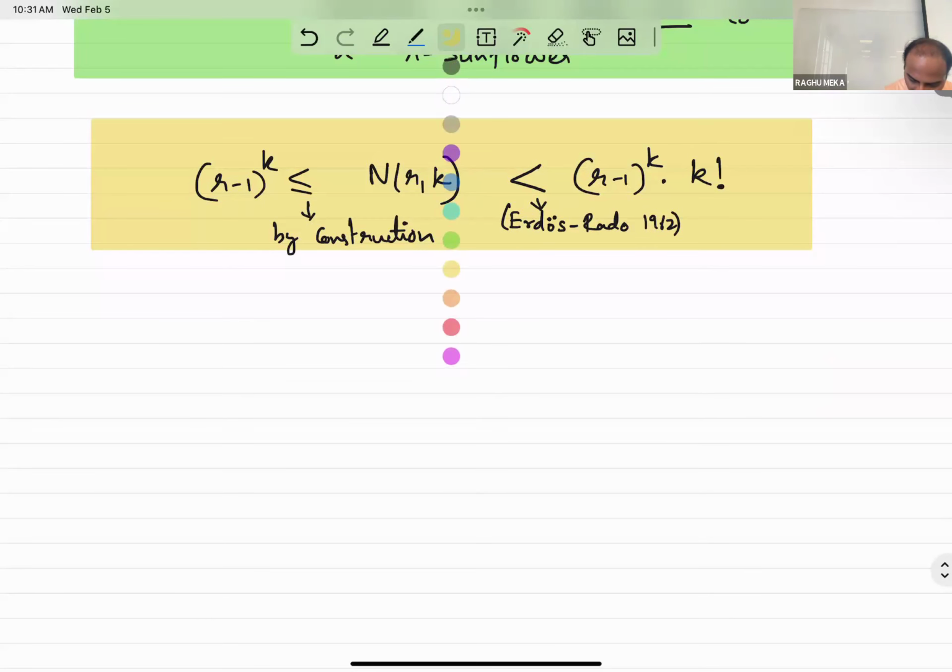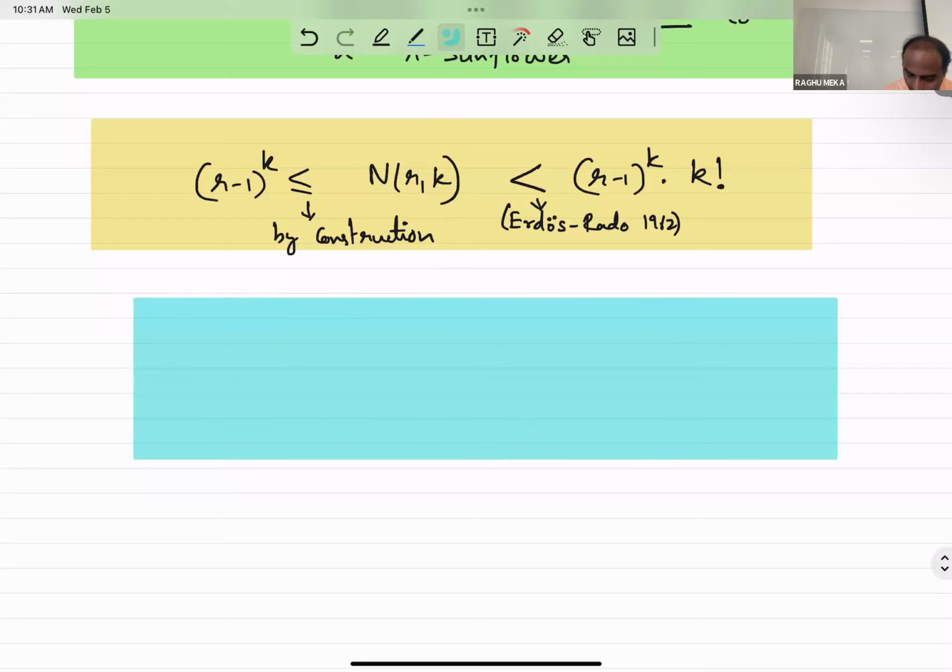So in 2020, there was this really remarkable breakthrough. Historically, in some sense, this was always just a problem in combinatorics, which had applications in theoretical computer science.